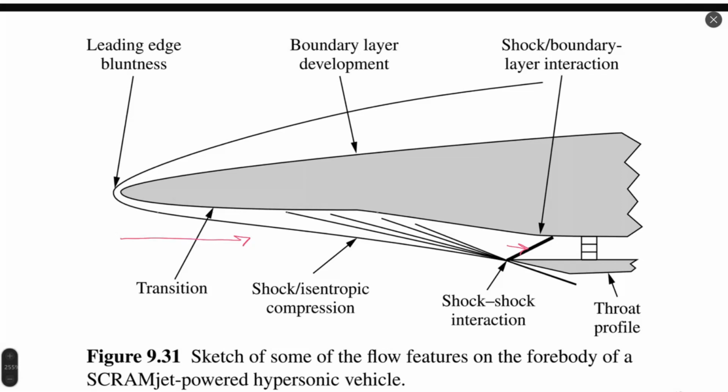Here you can see that since we have shock interaction entering the combustion chamber, the flow remains supersonic after this compression, but not at so high a velocity. After a series of shock waves inside this diffuser, the flow may have a relatively low velocity to burn inside the combustion chamber.